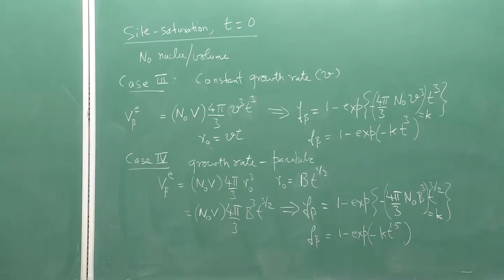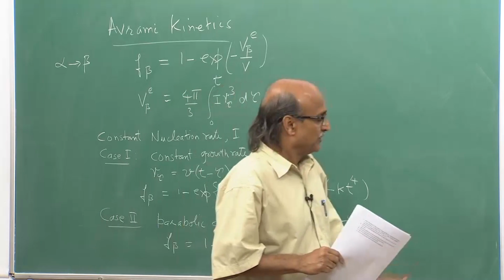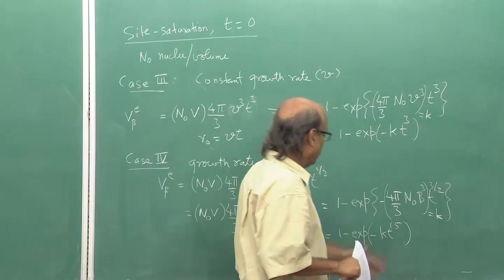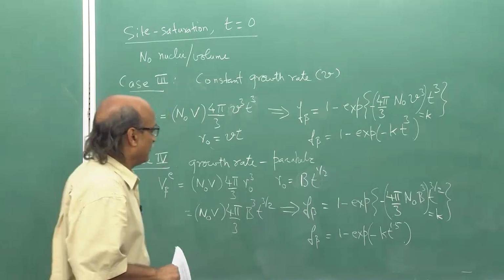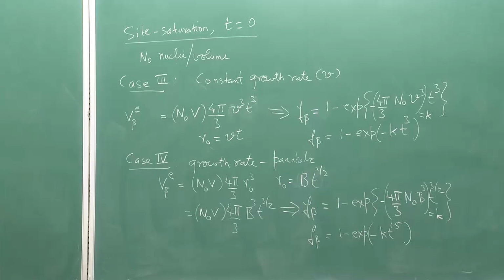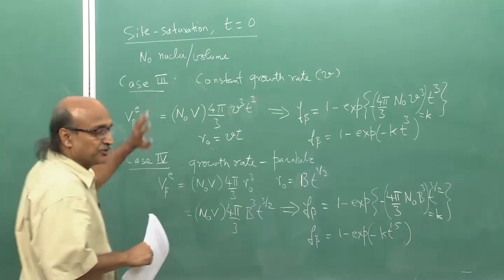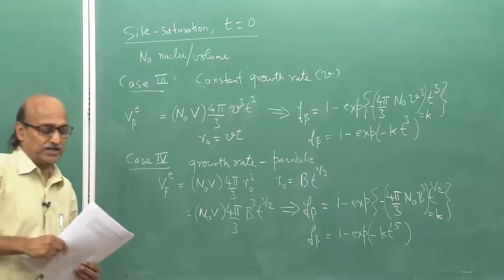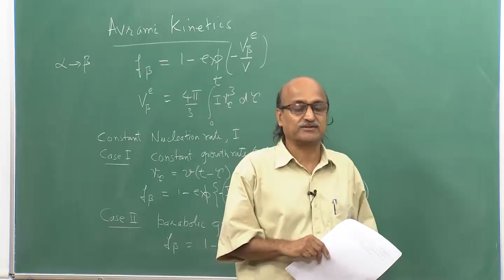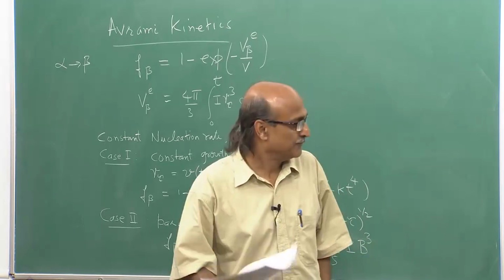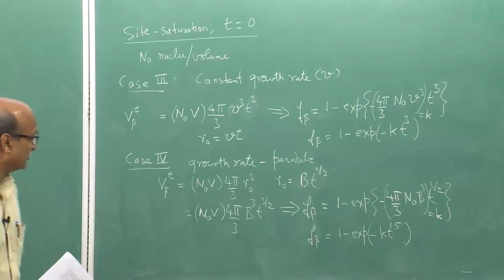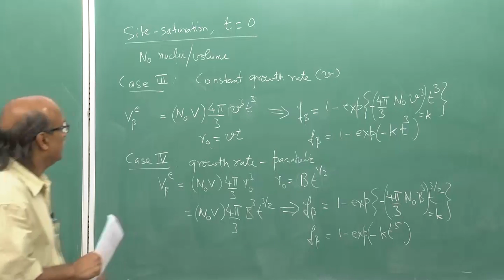So in these four cases that we have considered, we have got different exponents for t, 1.5 all the way to 4. So there is a whole range of exponents we get, and we can try other combinations of nucleation rate and growth rate. For example, sometimes nucleation rate could be considered itself as an exponential function of time, which could also be plugged in and one would get a somewhat different relationship.